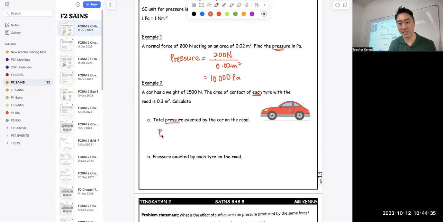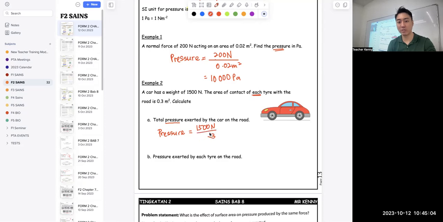What's the formula for pressure again? Force, right? What's my total force pushing down on the ground? 1,500 Newton. Now, 1,500 Newton is pushing on how much area? How many wheels? 4 wheels, correct? So 4 wheels of 0.3. Agree?